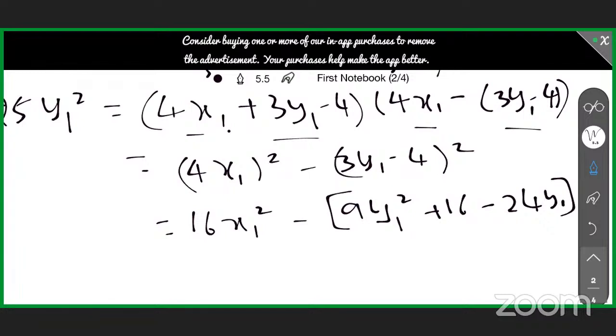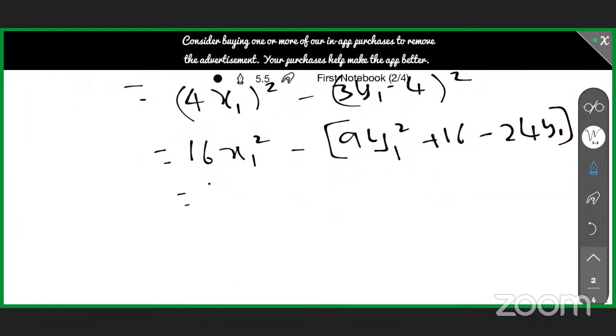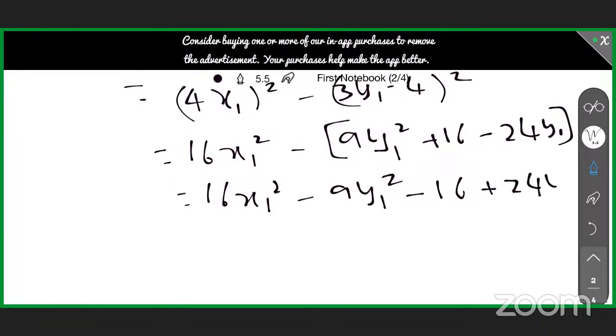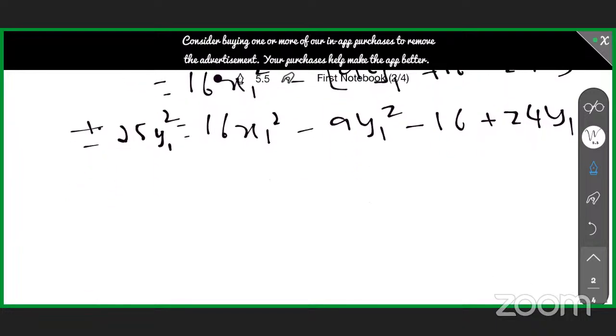Now, if I simplify everything, this will be equal to 16x1 square minus 9y square minus 16 plus 24y1. That is equal to plus or minus 25y1 square. Now, case 1 and case 2.